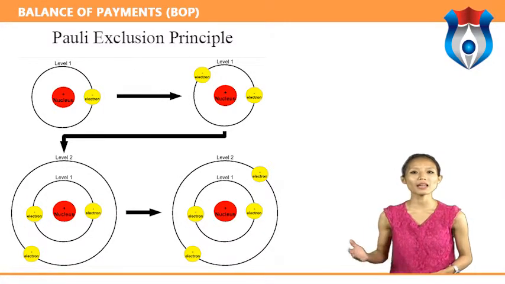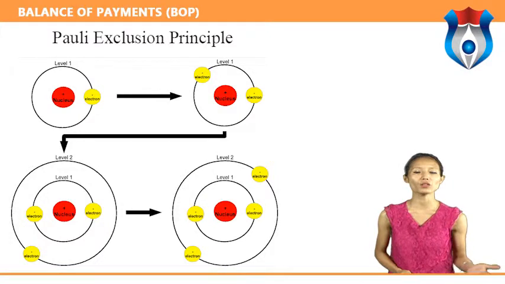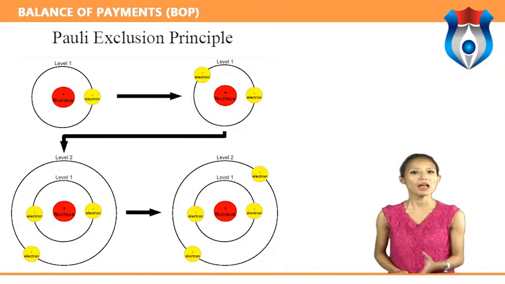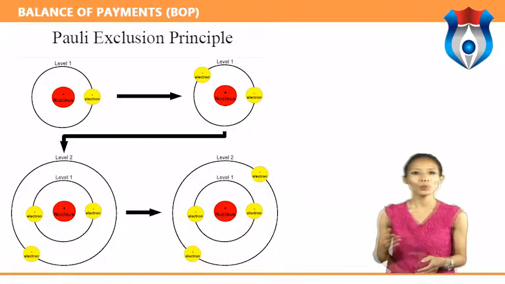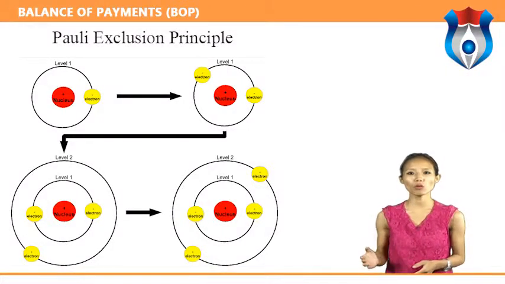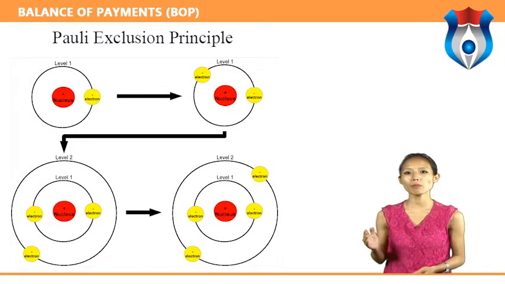The orbitals in an atom may be described by a principal quantum number n, which may assume the values 1, 2, 3, and by an azimuthal quantum number l, which may assume the values 0, 1, 2, up to n minus 1. There are 2l plus 1 distinct orbitals for each set of values of n and l.